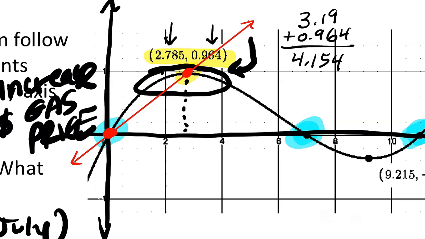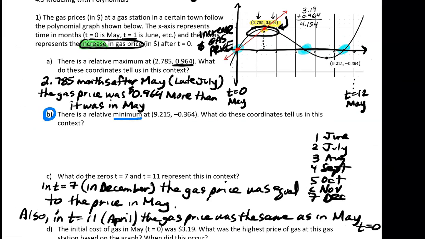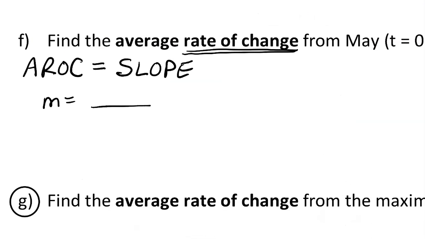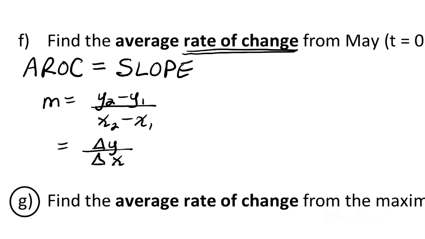The formula for slope, in general terms, would be the difference in the y's over the difference in the x's. You could also write that as the change in the y's over the change in the x's. We use triangles to represent change, or delta is the Greek letter. That triangle is a Greek letter, not just a triangle.